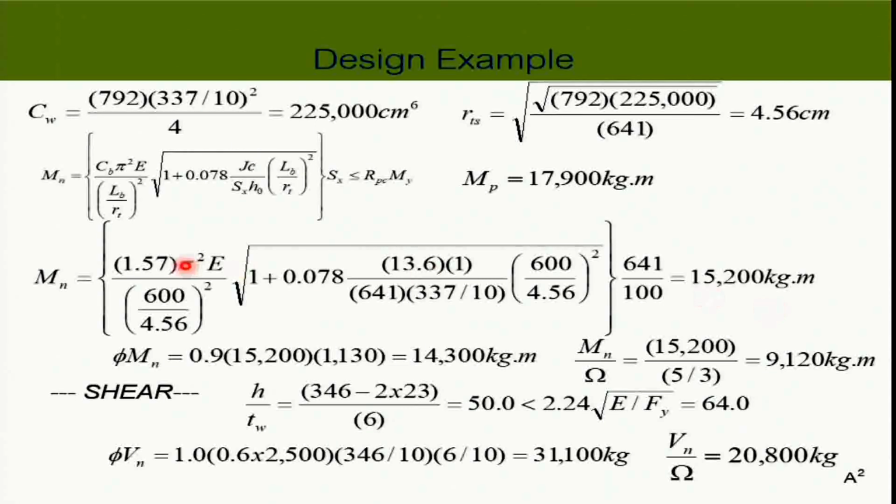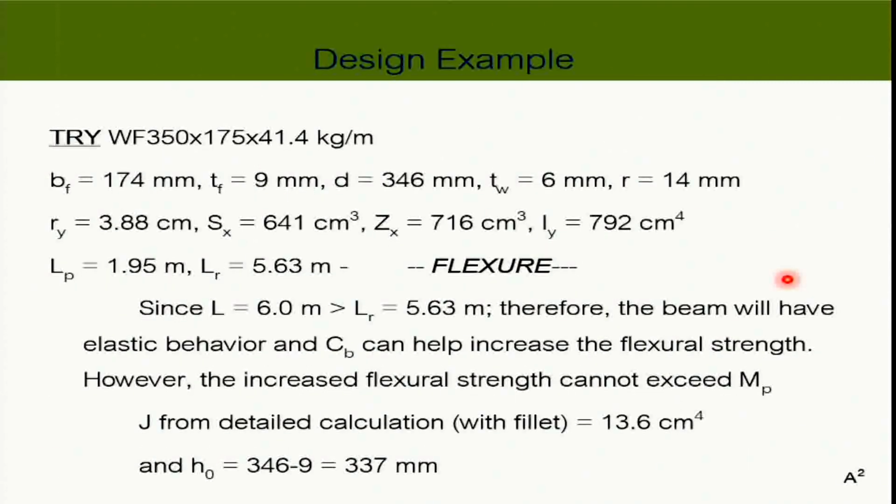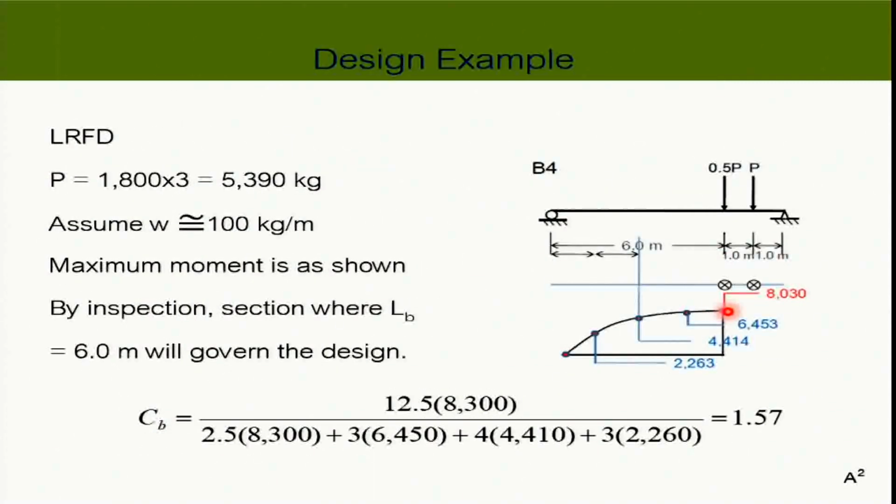If you take 1.57 out of this, how much do we get? I wonder why I didn't do that. So let's say I have 96,000, which is still greater than that moment, which means I need to redesign this beam.